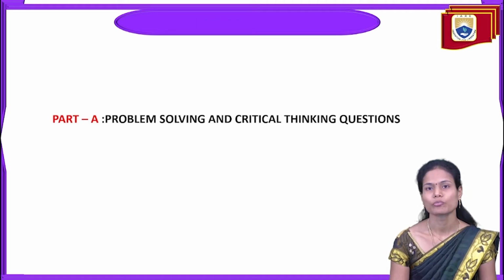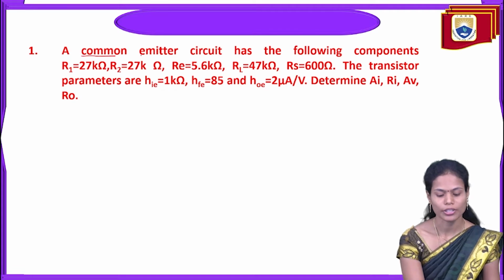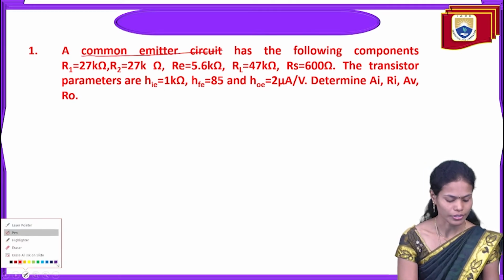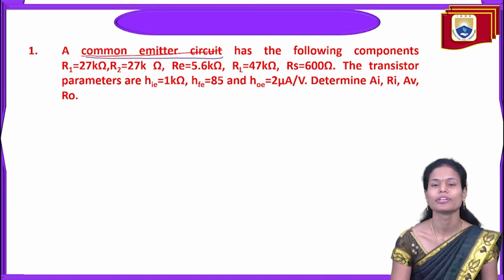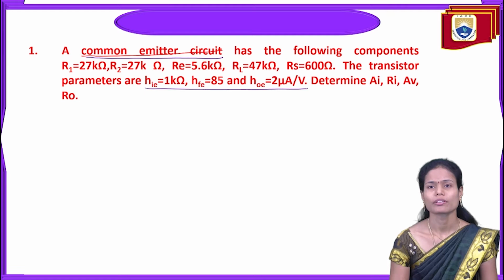First, I'm going to discuss the problem solving and critical thinking questions of diode circuits, module 1. The first question is related to the common emitter amplifier circuit. In this, they have given all the common emitter amplifier elements: the biasing circuit elements, the different terminal resistances, and along with that, the h parameter values are also given.